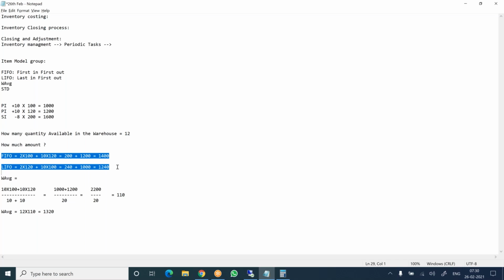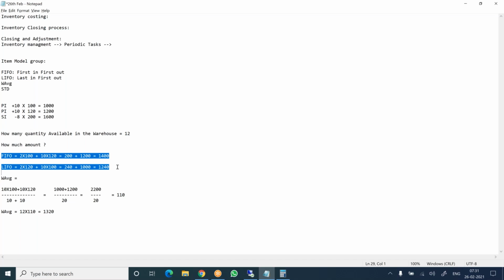You need to execute the inventory closing at least every month. But if you want, you can run it every day, every week, bi-weekly or monthly. So inventory closing is a must before generating a trial balance report.